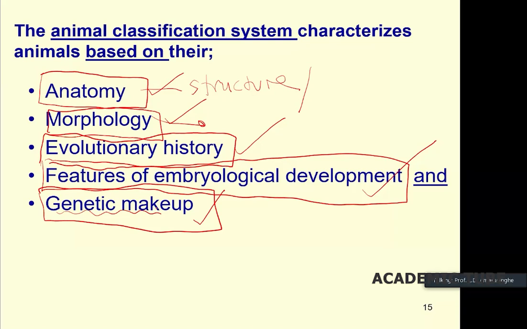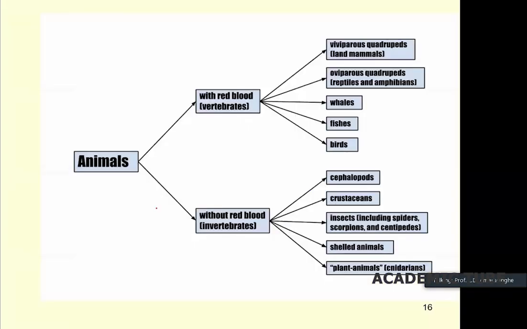That is after originating from the choanoflagellated type of individual. In the very early days, we classified animals basically by whether they have red blood cells or not.